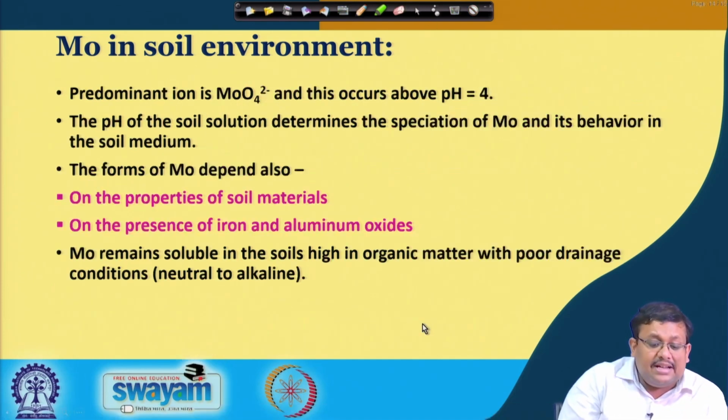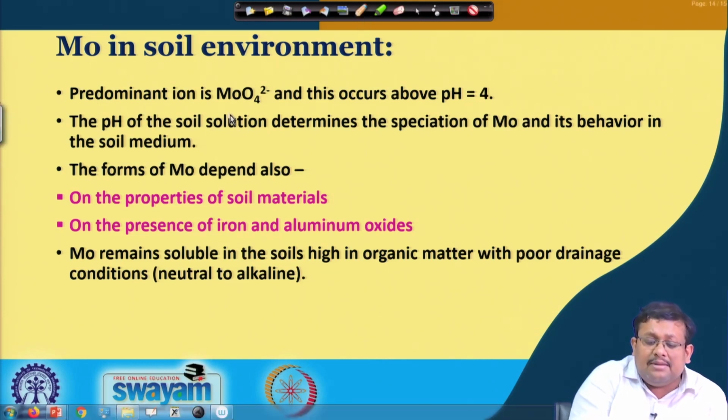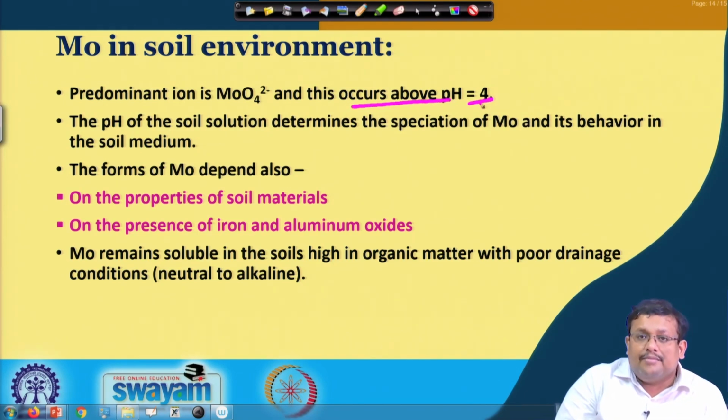Let us move ahead and see the predominant ion. What are the predominant ions of molybdenum? The predominant ion is MoO4 2-, and this occurs above a pH of 4.